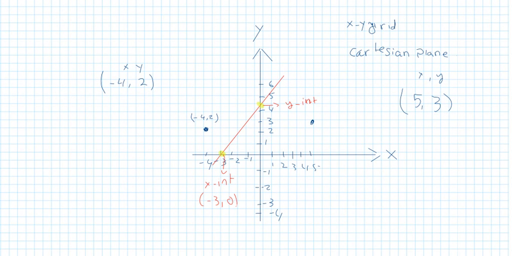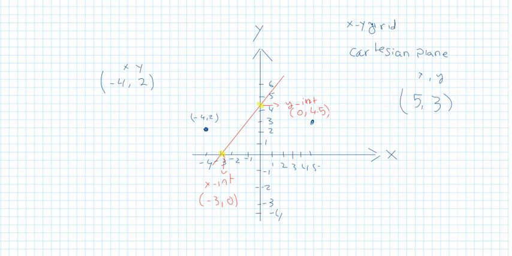Now, if I'm looking at this point right here, pretend this is 4.5. What would this point be? 0 as the x, 4.5 as the y, right? So if you're on the y-axis, your x is 0. Okay?